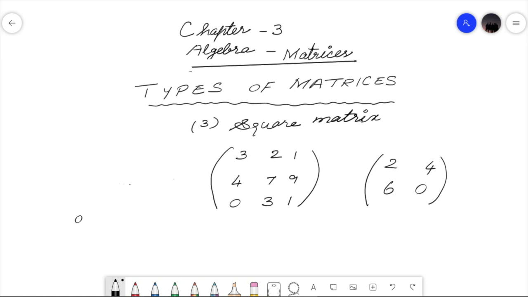Next one, diagonal matrix. See here, a diagonal matrix will always be a square matrix.